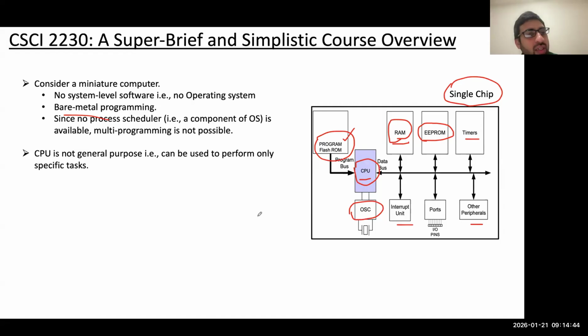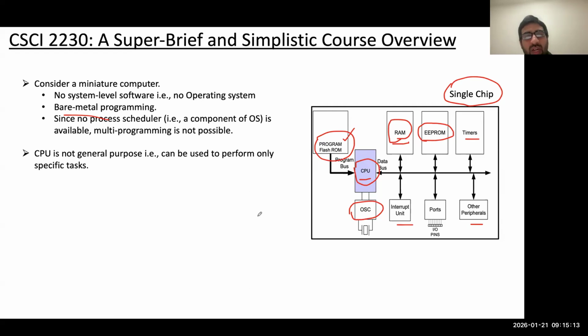So the CPU here is not general purpose, which means that it can be used to perform only specific tasks. For example, you cannot use this CPU to run your X social media app, or Facebook or Instagram, or a word processor.